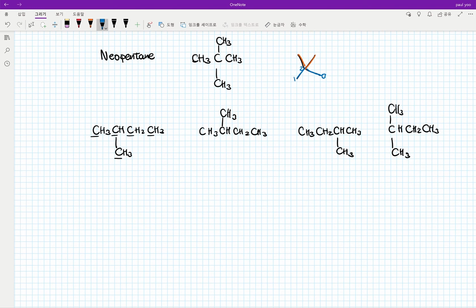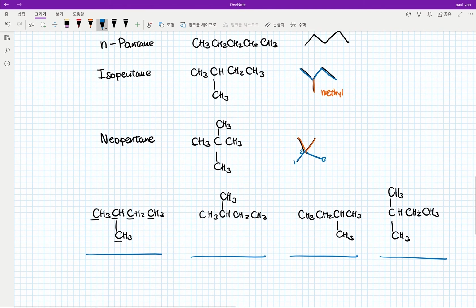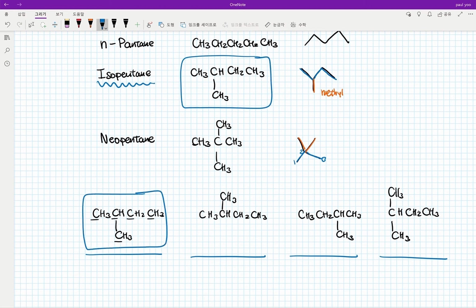But these 4 molecules actually all represent the same isopentane. So we see that this structure and that structure are identical, and if you flip it 180 degrees, this structure and that structure are identical.